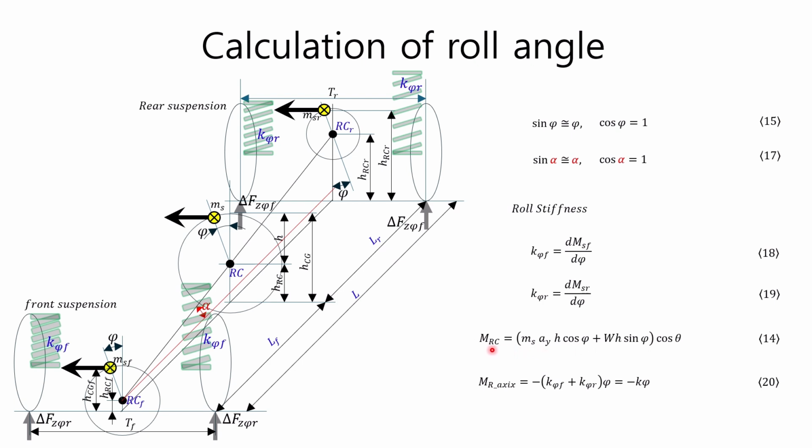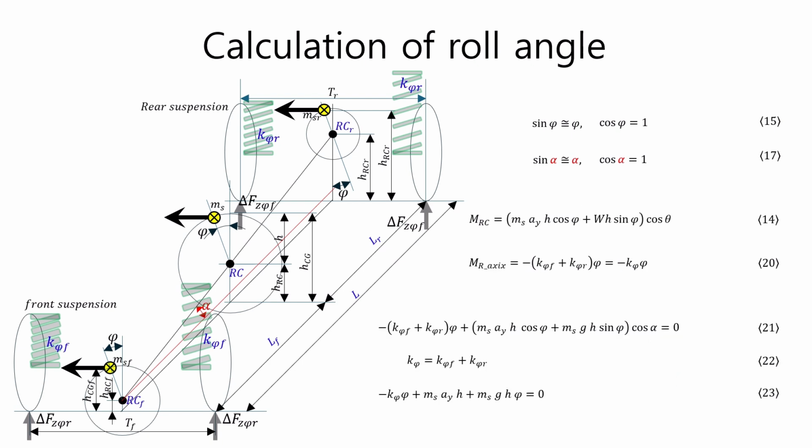The reaction moment occurring in the suspension can be expressed using the suspension roll stiffness and can be obtained as shown in equation 20. Since these two moments are equal in magnitude and opposite in direction, their sum must be 0. As explained, according to the law of action and reaction, the result of adding equations 14 and 20 should be 0, so equation 21 can be obtained.